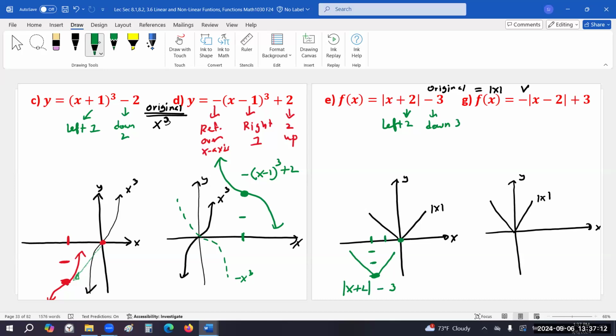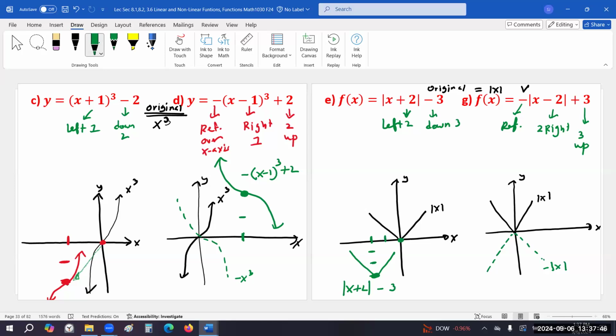How about G? We reflect over the x-axis, then go to the right. 2 right and 3 up. So when you reflect about x-axis, what happens to the V? So you start with an upside down V. This is negative absolute value of x.